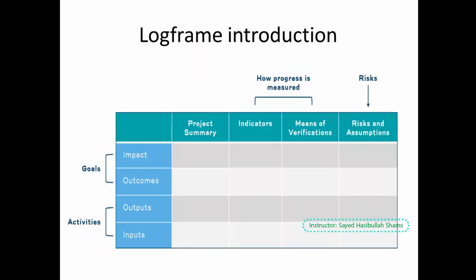So what is a logical framework? The logical framework, or Logframe, is a simple analytical tool used to plan, monitor and evaluate a project. The Logframe has 4 rows and 4 columns. Inputs and outputs are called activities. Outcomes and impacts are called goals.